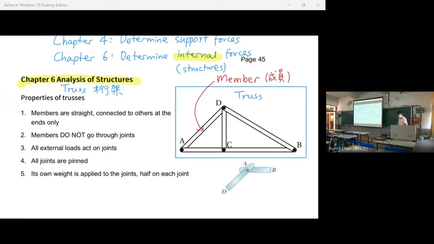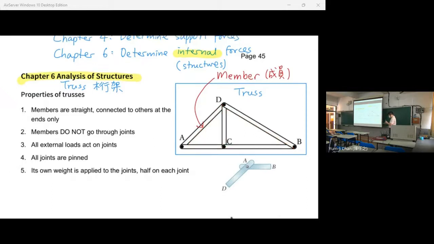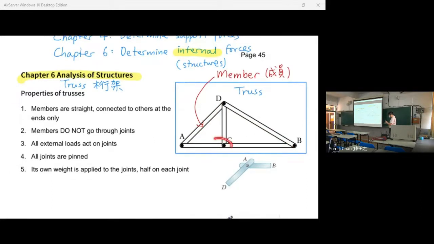Now, how many members do we have in this truss? It looks like a triangle and one member there. But in a truss, for this part, we always say we have two separate members.